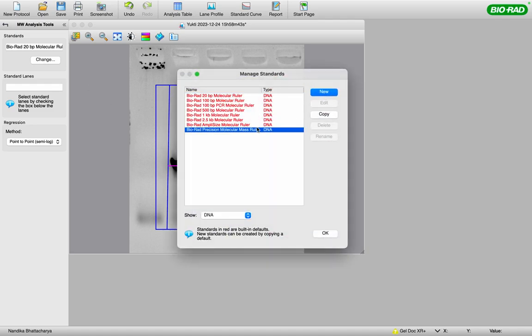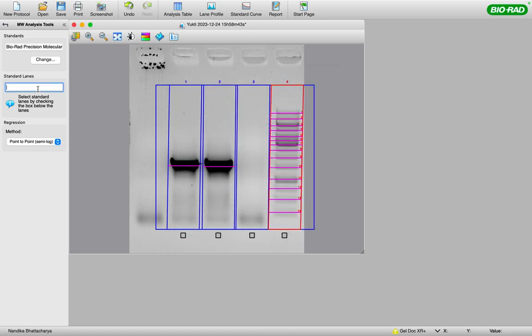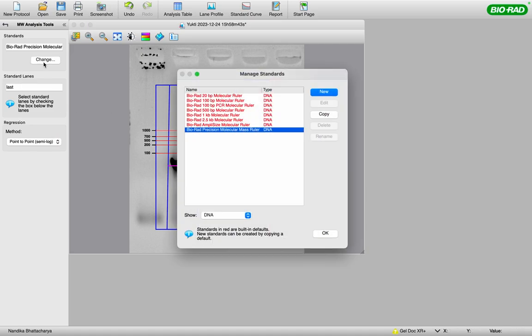Again we'll select, now this is a DNA gel, so you have to select a DNA standard. Standard lane is 4.